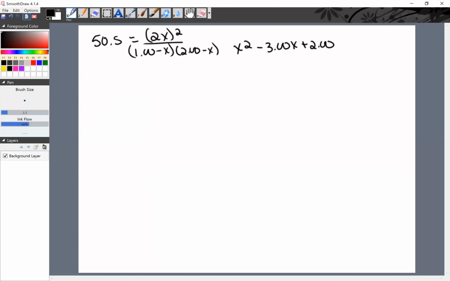All right, so that is that piece. I now have to multiply that by 50.5. So 50.5 times x squared equals 50.5x squared minus, where's my calculator?